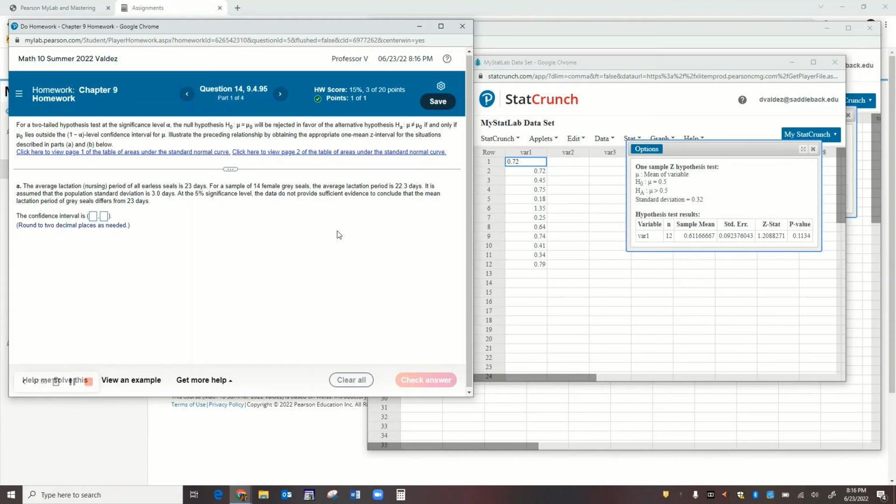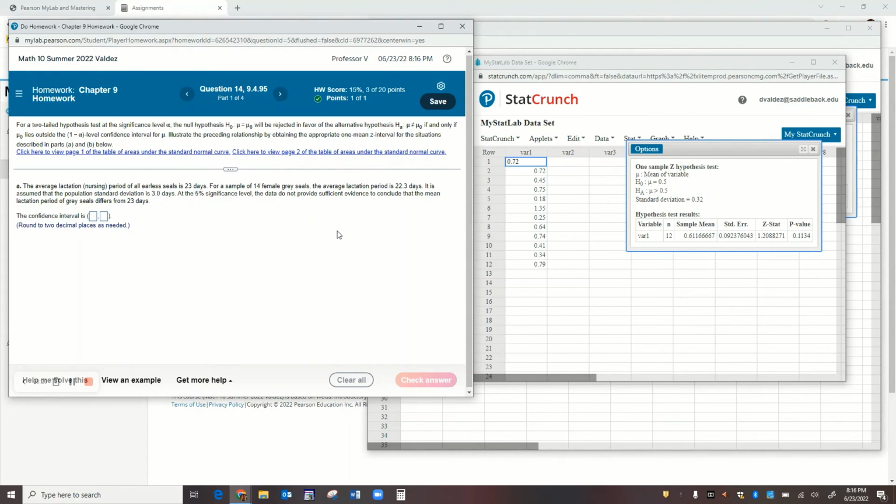That's what makes it two-tailed. If and only if mu naught lies outside the 1 minus alpha level confidence interval for mu. Illustrate the preceding relationship by obtaining the appropriate 1 mean z interval for the situations described in parts A and B below. So it might sound confusing, but hopefully when we work through these next two little parts of this problem, it'll connect the two concepts, okay?